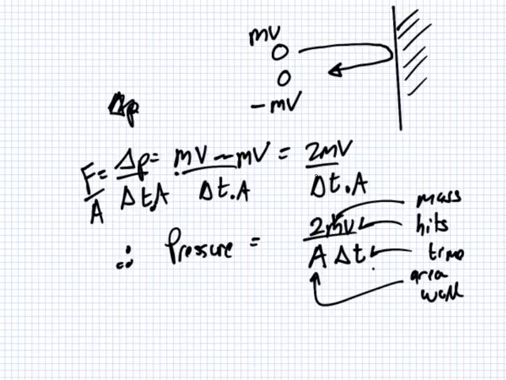Not only have I explained why the molecule creates pressure on the wall, I've actually calculated how much pressure is caused by a molecule of mass m with velocity v hitting the wall of area A during a time t. So, I hope, Sharif, that proves to you the importance of the proof.